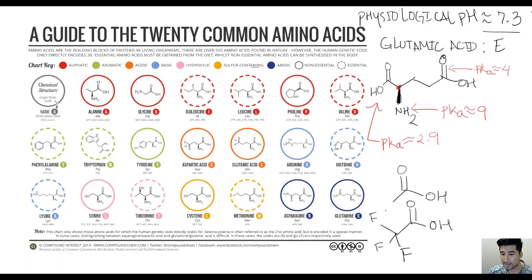The correct answer is this one right here. And the reason for that is because fluorine has the inductive effect, which pulls the electron density in this direction, and which allows this proton to become freed.